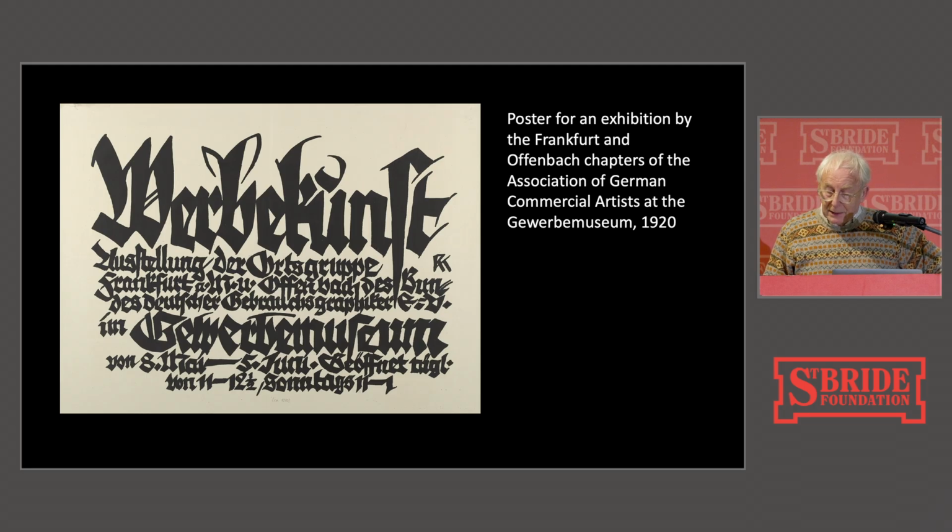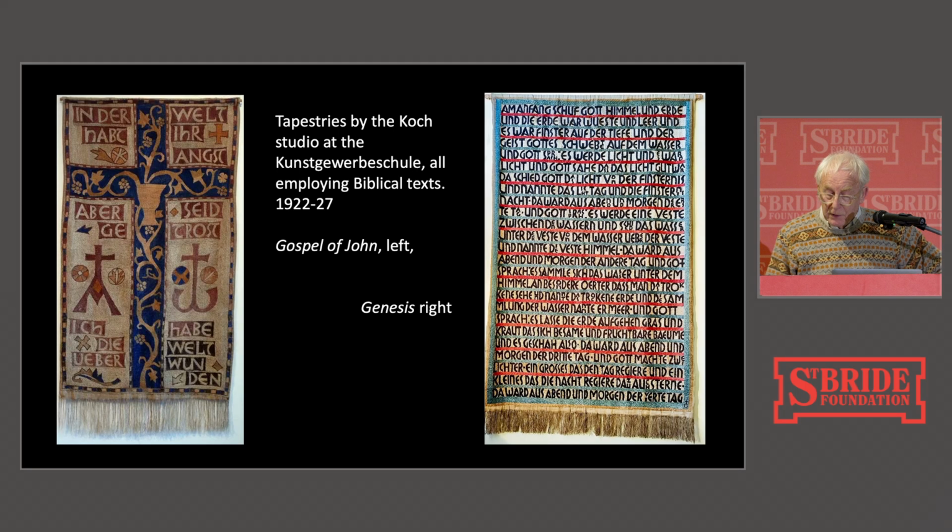So what began as the Offenbacher Schreiber group, the calligraphy group, expanded into the Offenbacher Werkstatt, or workshop, teaching embroidery, punch cutting, silversmithing, mural painting, and tapestry. I'm showing you two examples, again employing biblical texts, which had been partly woven by nuns from a nearby convent.